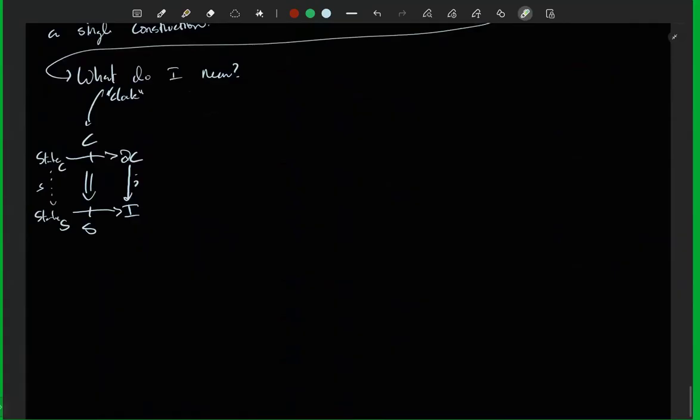And now, if we have that, we can start to ask certain questions about compositionality.